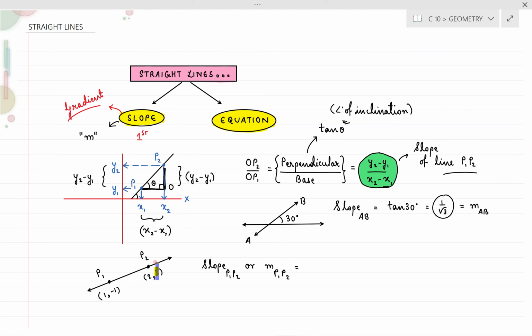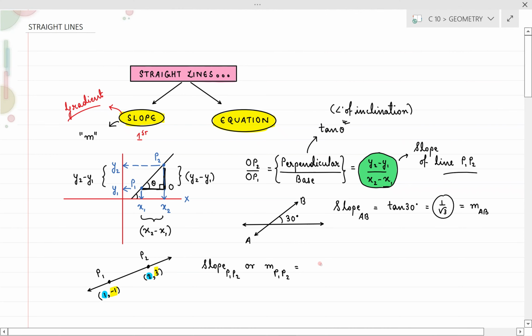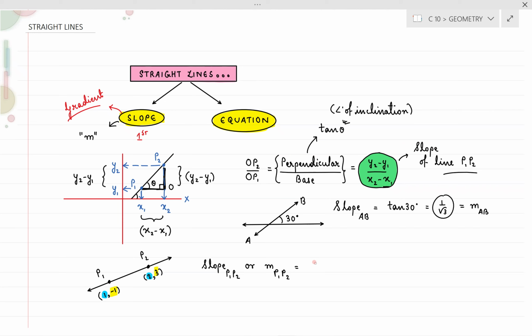So here for y part we will consider 3 and minus 1, and for x part we consider 2 and 1. So the difference of y, P2 minus P1, so 3 minus of minus 1 divided by x2 minus x1, that is 2 minus 1.